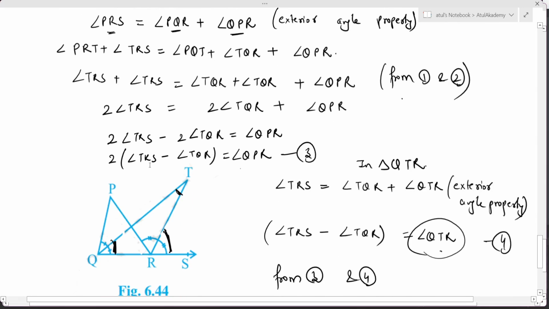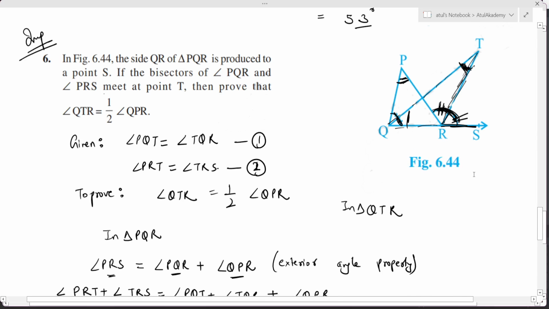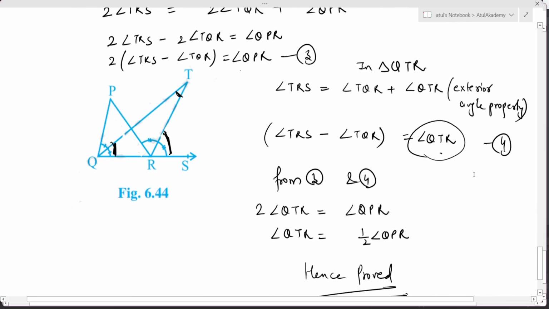But this TRS and TQR, their sum is equals to this TRS. This TRS is equals to this plus this. Exterior angle property again in this triangle.